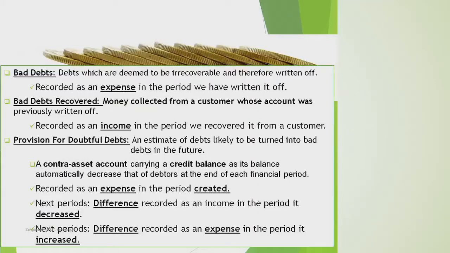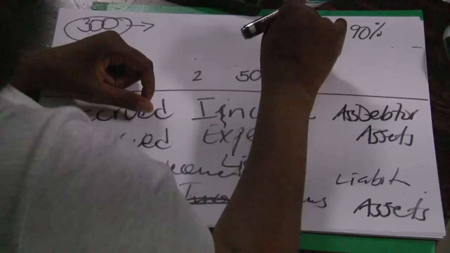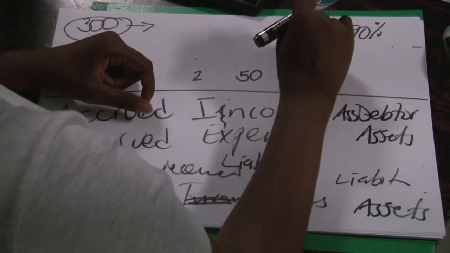Provision for doubtful debts. This is an estimation of how much we are going to lose through debts. Okay, when we give out debts to our customers, we must also make a provision, an estimation that, okay, we don't really expect 100% payment from our customers. Maybe only 90% of our customers are going to pay us, those who have been given goods on credit.